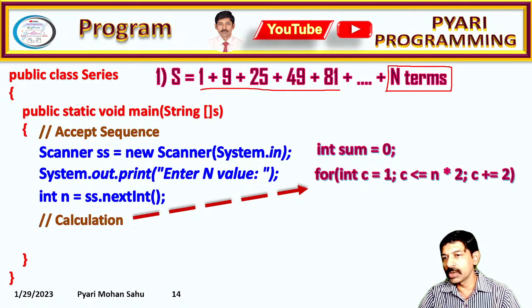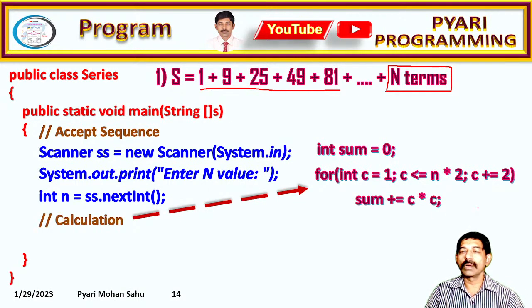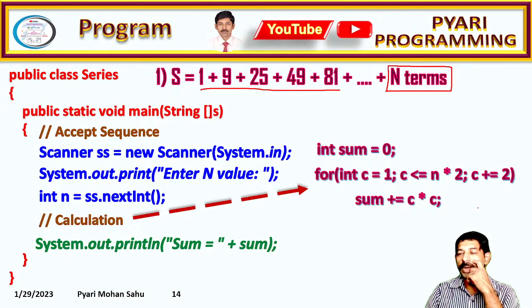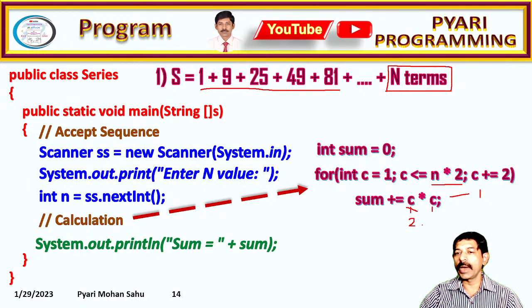Now here c is using 1 by 2. Now sum is equal to sum plus c square. Now we can display it. Now I am using n into 2. Why? Because c value is 1. 1 square is your 1. Now next time c value will be 2. Now 2 square is your 4.